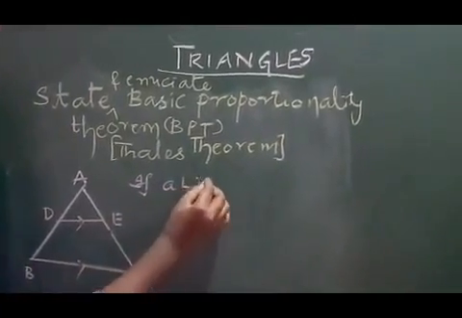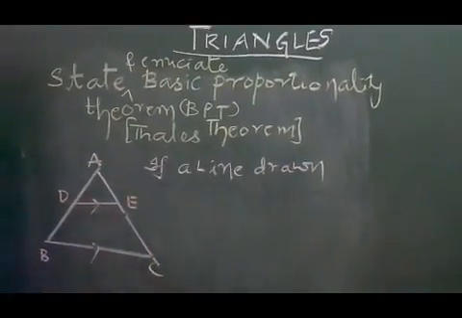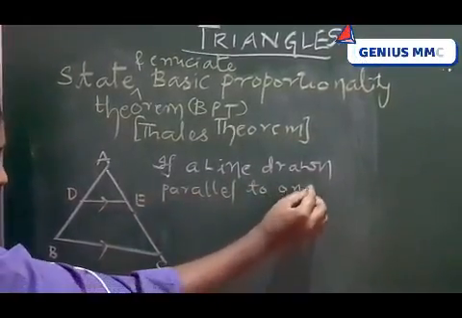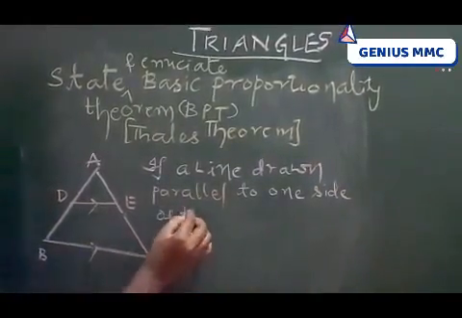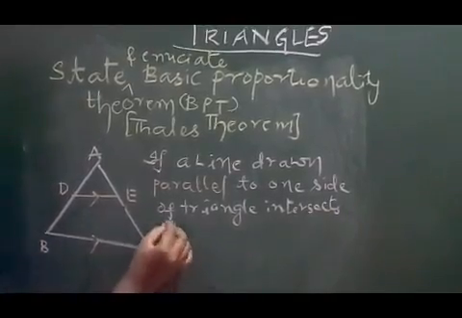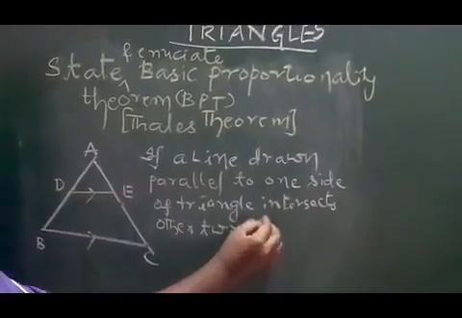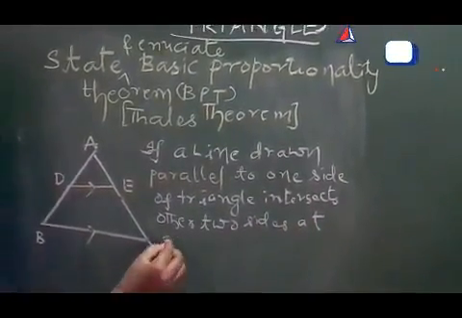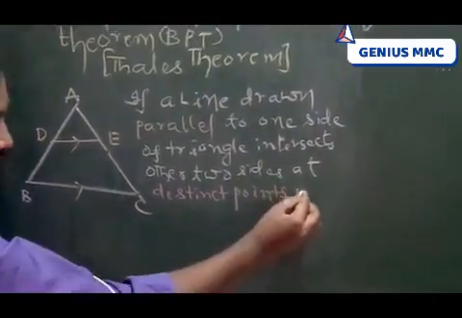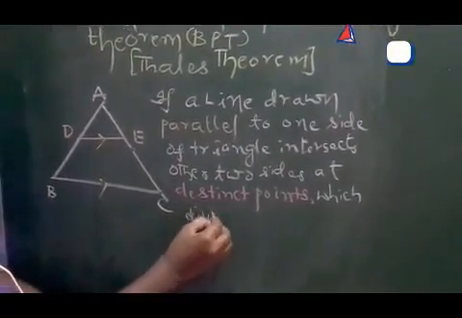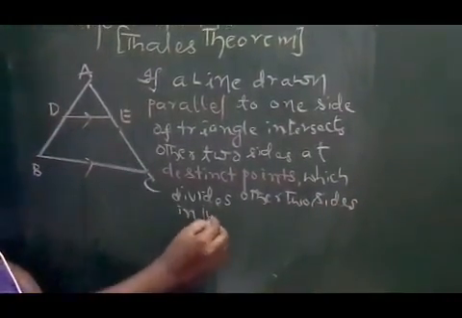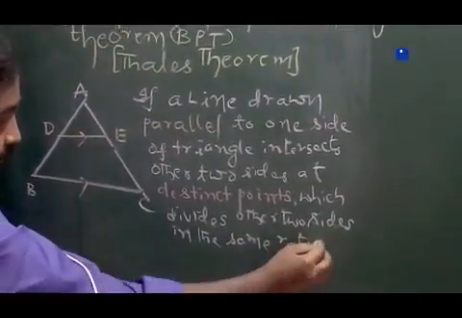If a line drawn, this word is important, parallel to one side of a triangle intersects the other 2 sides at distinct points, which divides the other 2 sides in the same ratio.